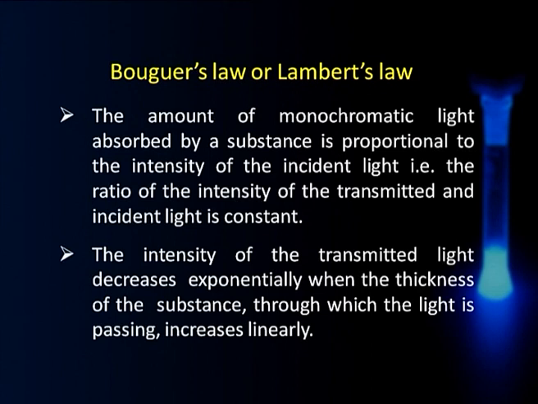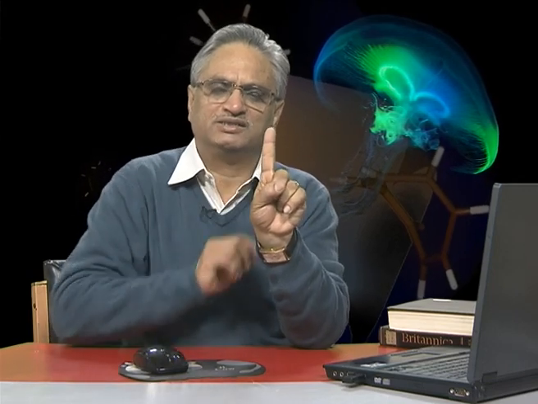What it means is the following. Suppose I have a medium like this, of unit thickness. Radiation is coming, say of 100 units, and let me assume that this radiation gets decreased by 10% when passing through 1 unit. So if it is 100 here, it will be 90 coming out of this, because 10% has been absorbed.